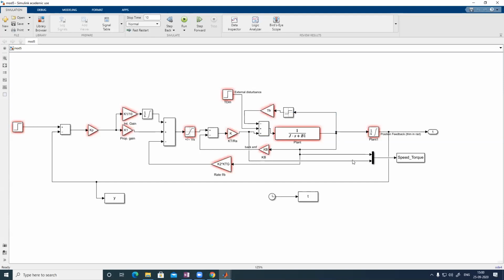So the first line coming here is speed and the second line is torque.